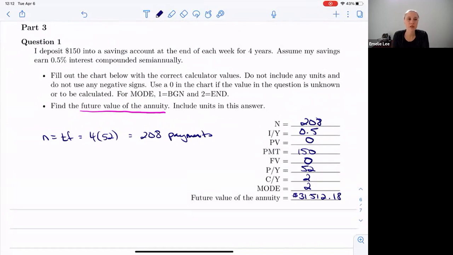Even if you don't submit any work, I will still go through each of the parts for everyone and make sure that if you forgot the dollar sign, I'll still give you that mark. But it would be a lot easier if you just follow the no commas, add the dollar sign, right?